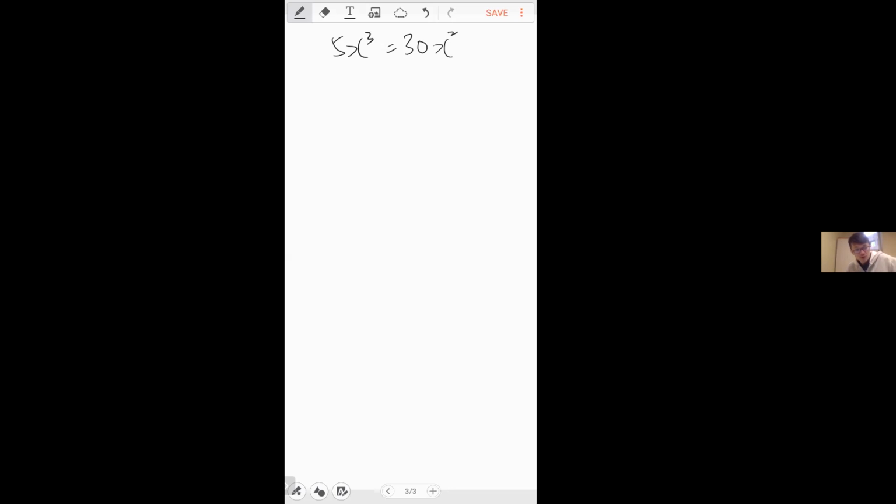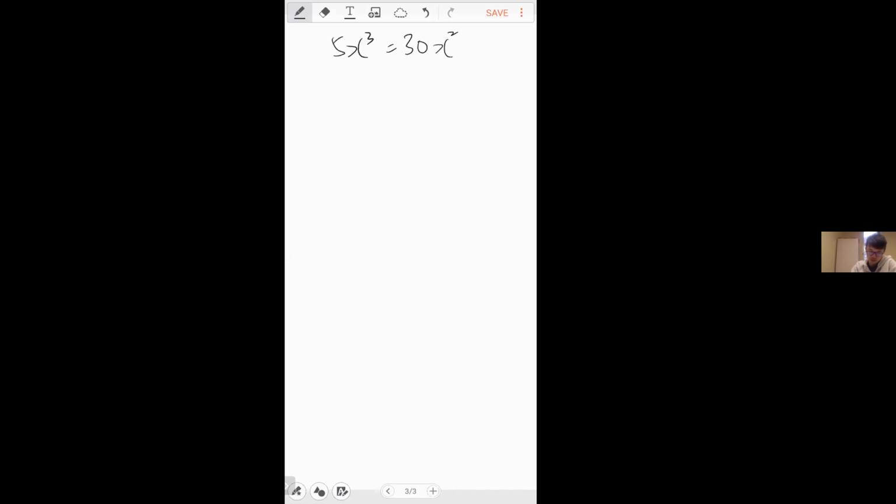5x cubed equals 30x squared. What do I do next? Okay, you can divide by x squared. Well, it just so happened that in this example you can do that, but in general you don't want to divide by something that has x in it.